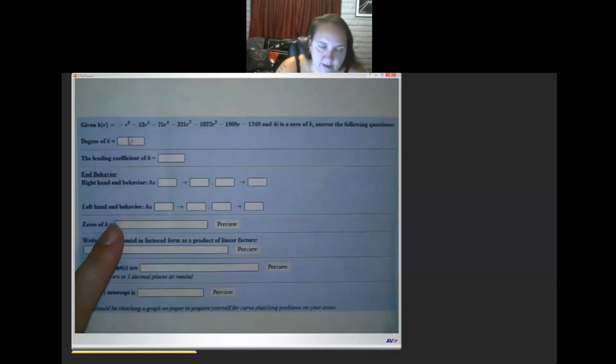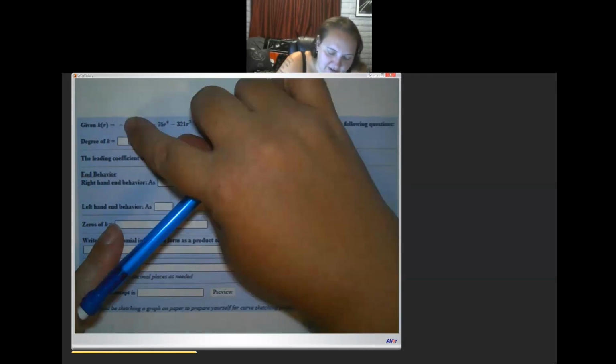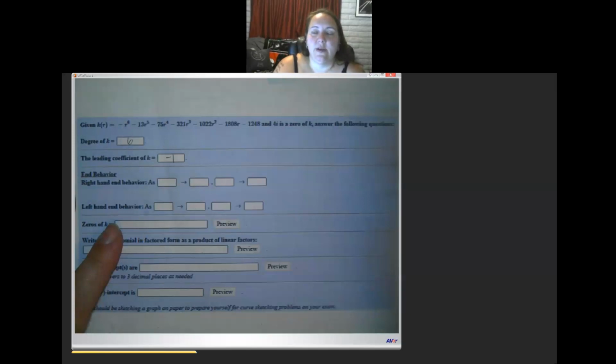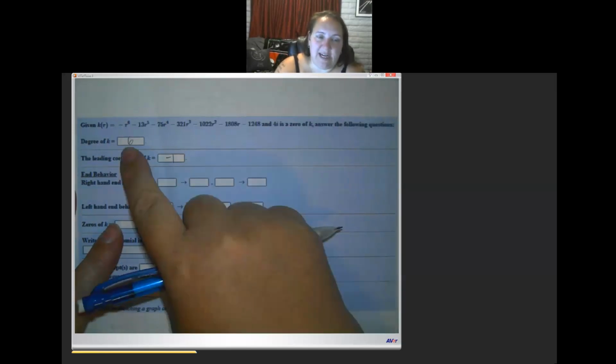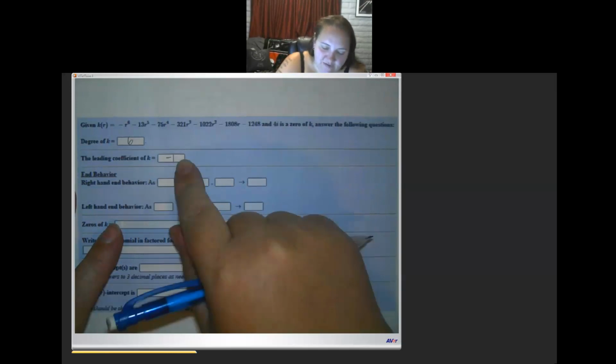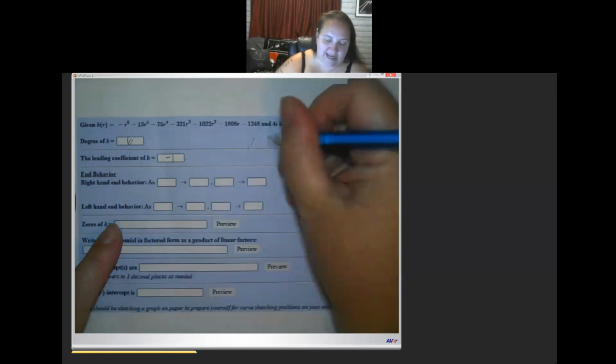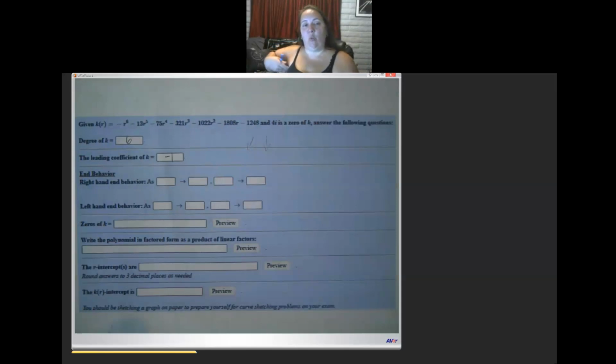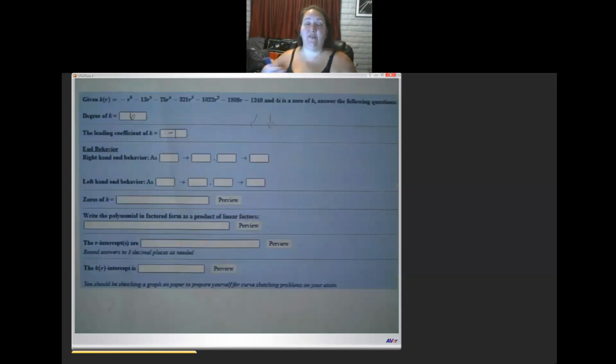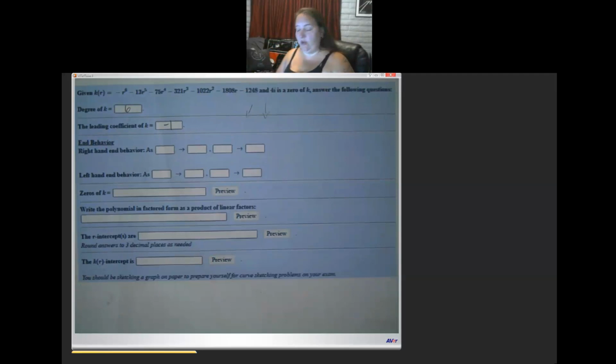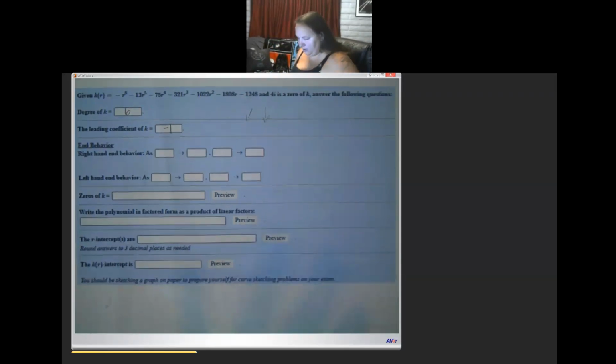So here that's a 6. My leading coefficient is the number in front, so that's a -1. And then from last week, we should remember that even degree and a negative leading coefficient means end behavior down and down.